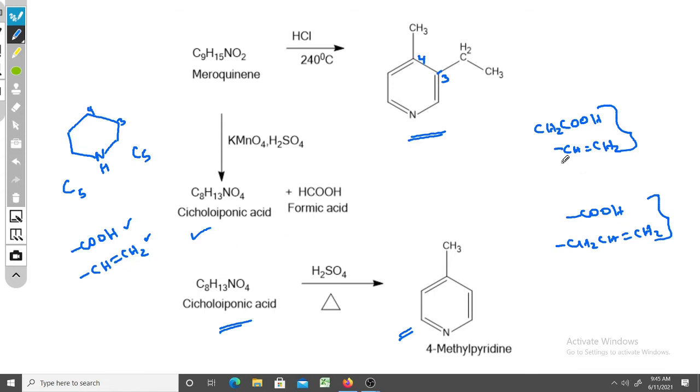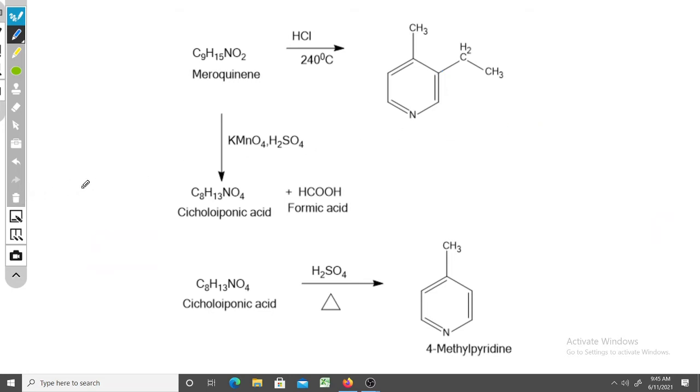In order to satisfy that condition, there are two possibilities. One is CH2COOH and CH double bond CH2, and the other is COOH and CH2 CH double bond CH2. So we should find out what is the real combination.